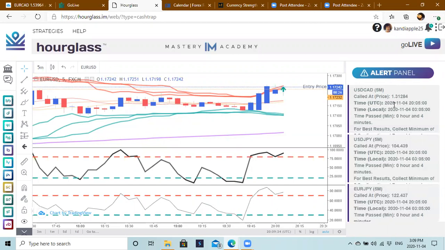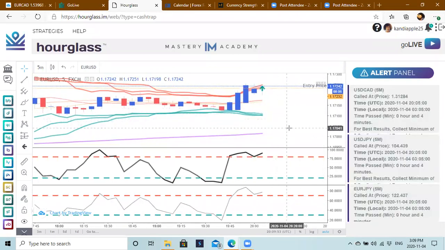And if you skip all this stuff out here and go to time passed, it is saying that 4 minutes have passed. So we know that every 5 minutes, a new trading ID will pop up in here. All of these say 4 minutes, and we have 10 seconds to go. So we're just going to wait it out and see what happens.